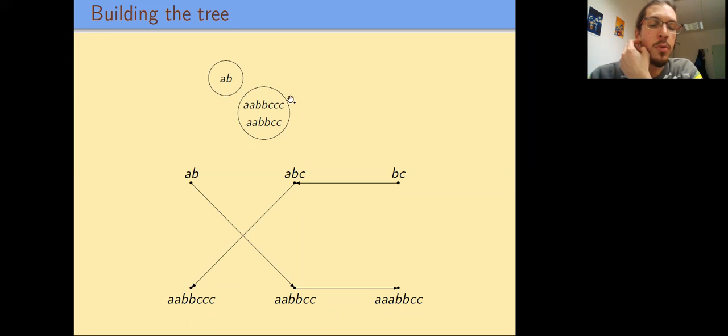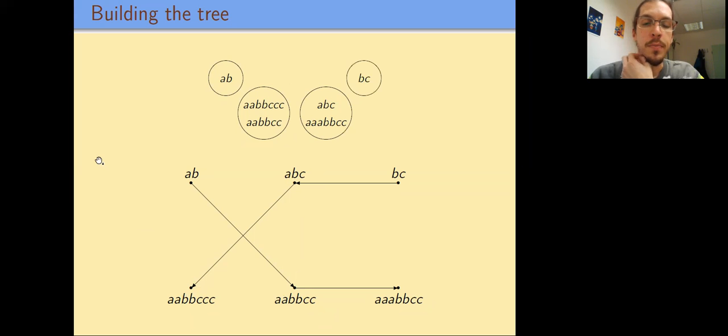So it doesn't matter in which order you look at your sets. It's a symmetric relation. So AABBCCC is associated to AABBCC. ABC, take the complement, it goes into AABBCCC. So these two sets are together. And finally, BC, take the complement, there is no arc going from there. So you have BC alone in its class.